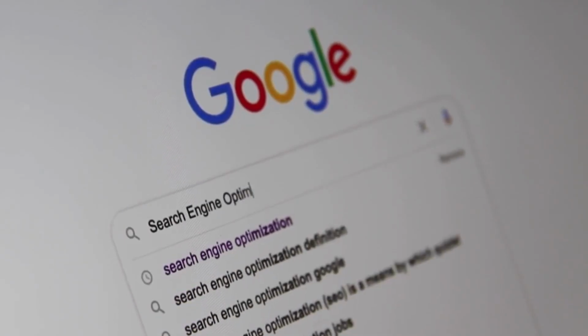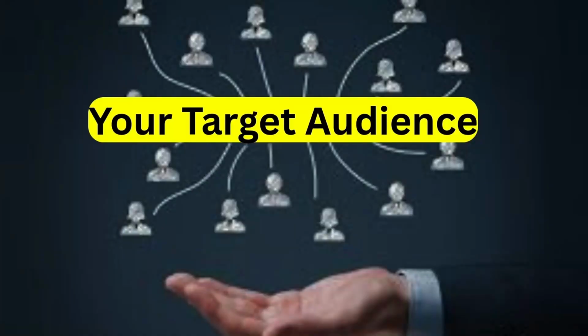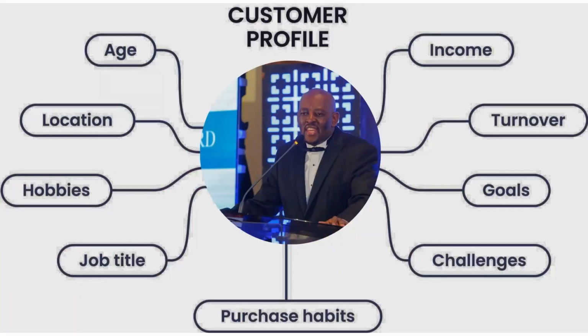So it is very important to first figure out who your audience is going to be. In marketing parlance, this is your target audience, and being specific with your avatar. You need to know exactly who you want to serve, who you want to speak to, and who you want to provide solutions to.